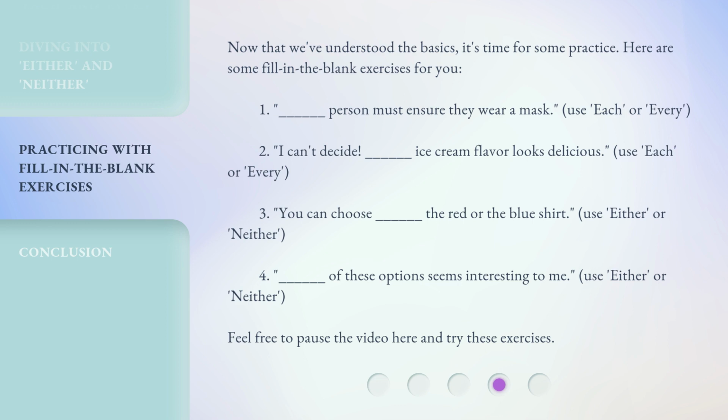Use each or every. 3. You can choose blank, the red or the blue shirt. Use either or neither. 4. Blank. Of these options seems interesting to me. Use either or neither. Feel free to pause the video here and try these exercises.